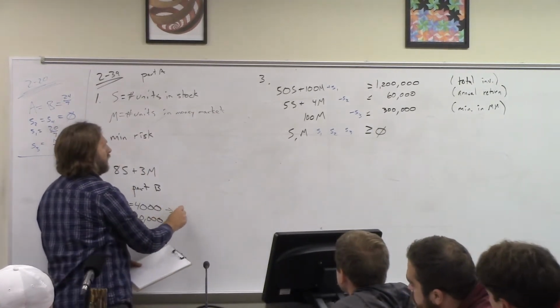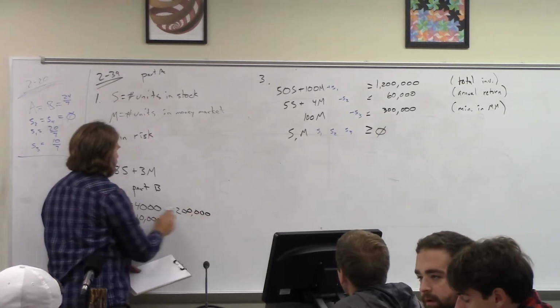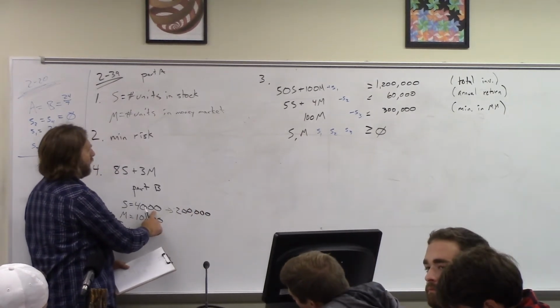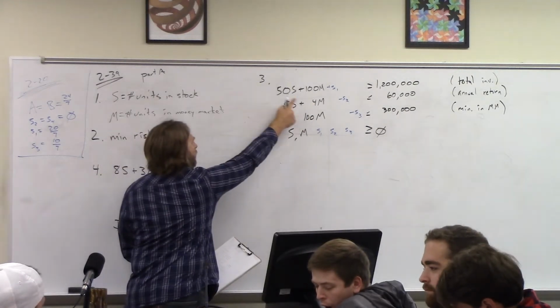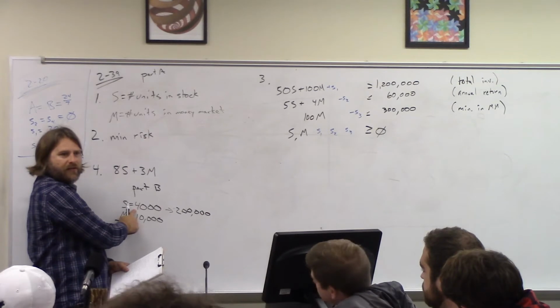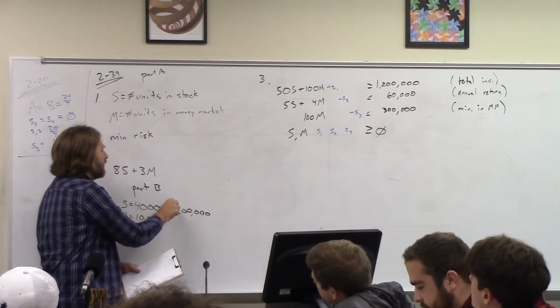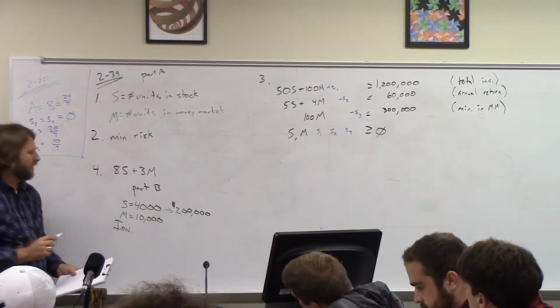And that gets us 200,000. You have 3 zeros here, we have another 0 here, and then 5 times 4 gives us 20 for an additional 0. So we spend $200,000 in stock fund.